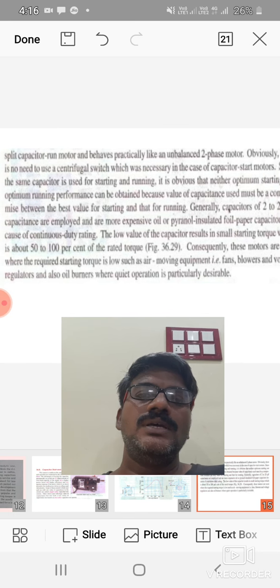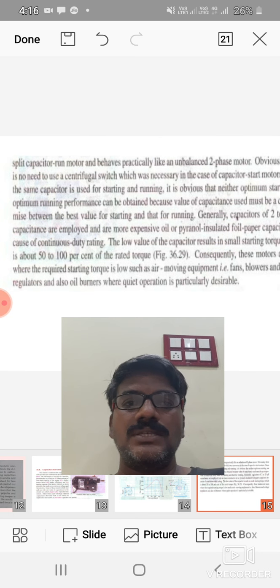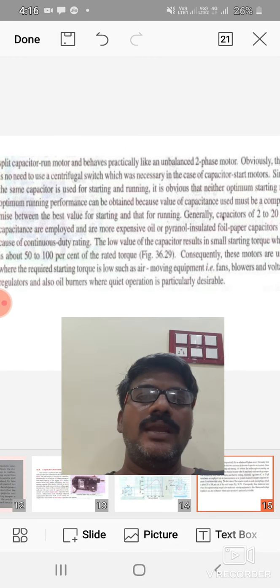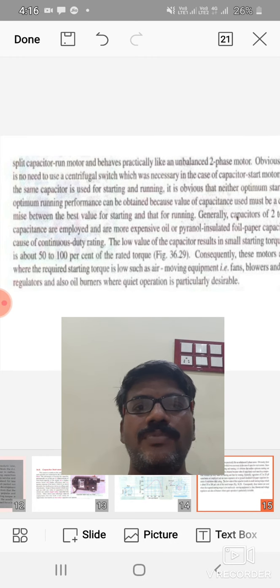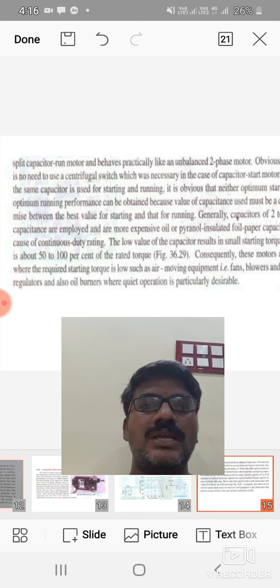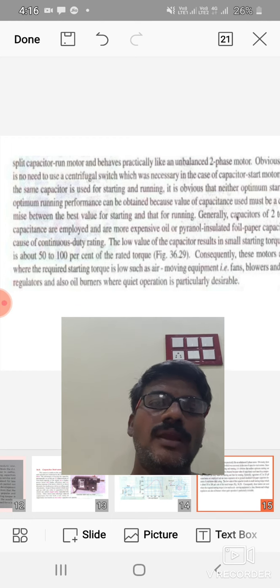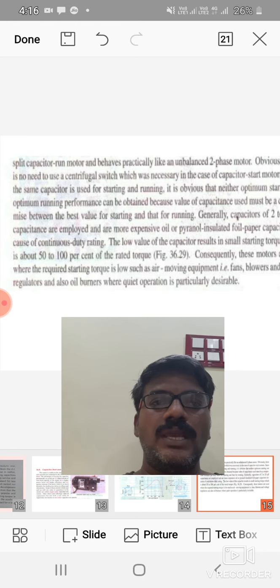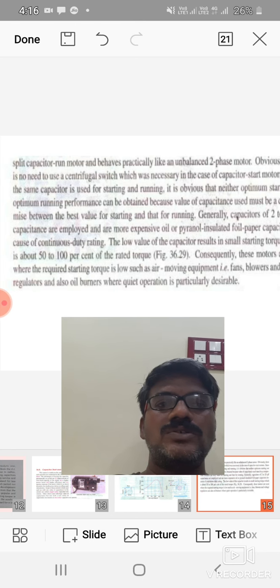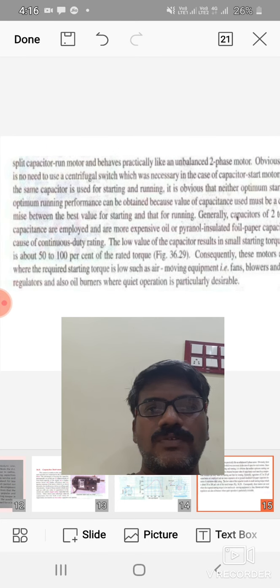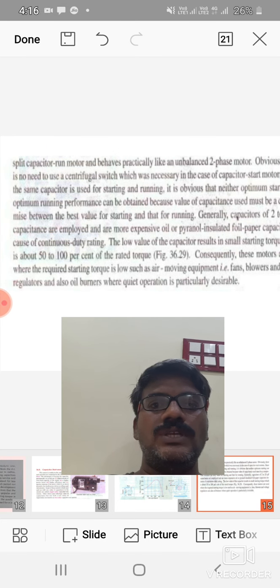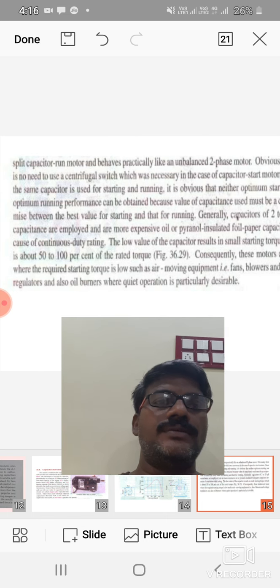Since the same capacitor is used for starting and running, it is obvious that neither optimum starting nor optimum running performance can be obtained, because the value of capacitance used must be a compromise between the best value for starting and that for running.